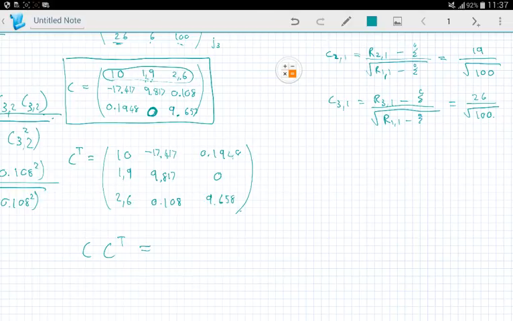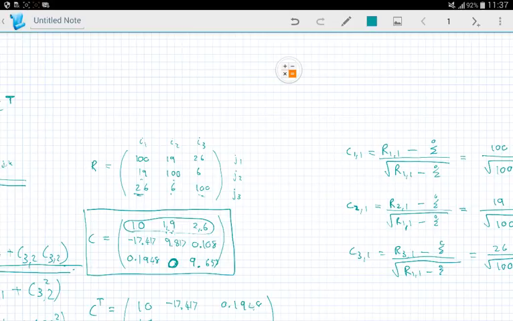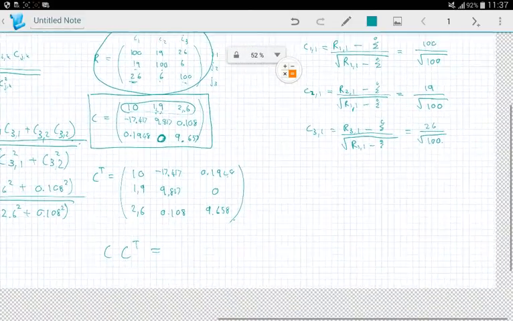This is the moment of truth. Oh, I stuffed it up totally. Ooh, that's a big mess. That's a very big mess. Okay, so I have stuffed it up. But since I've got this website, let's just put in our original values over here to calculate our C C transpose.